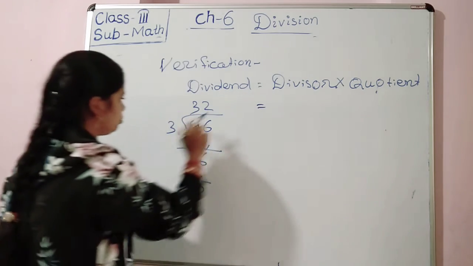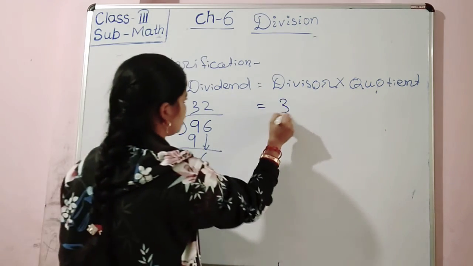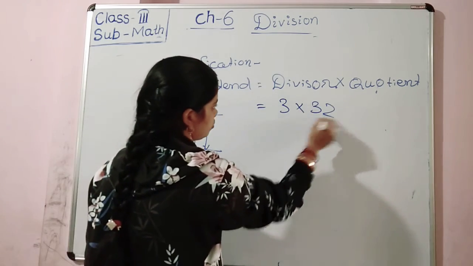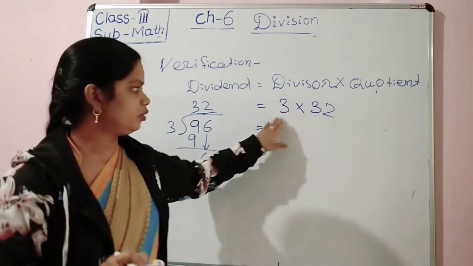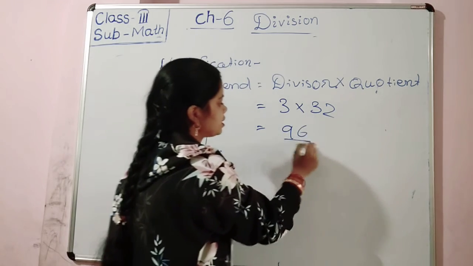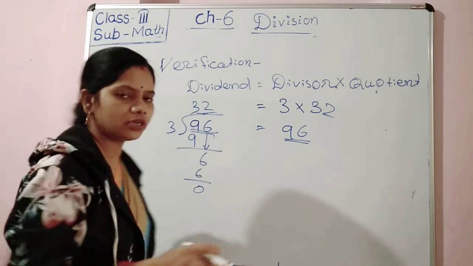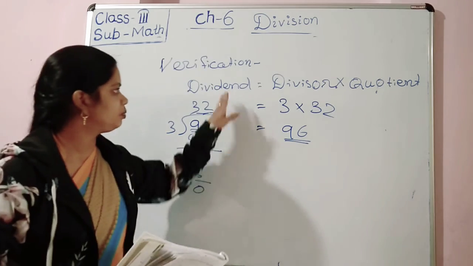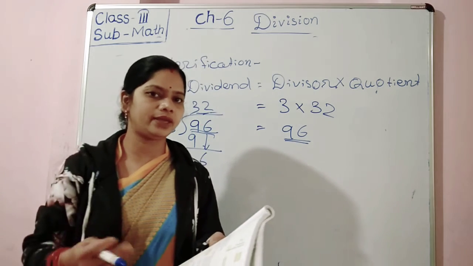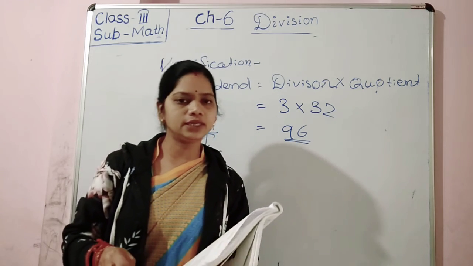Divisor into quotient: here the divisor is 3 into quotient 32. 32 into 3 is equal to 96. 96 is the dividend. It is proved that the dividend is equal to divisor into quotient. In this way we verify whether our division is right or wrong.